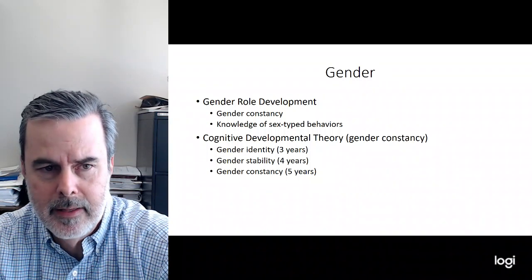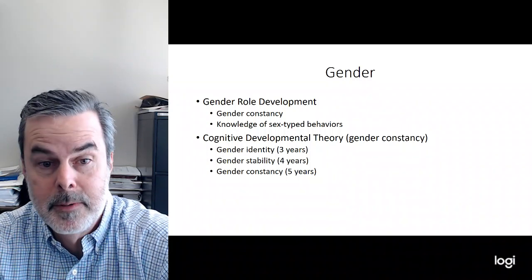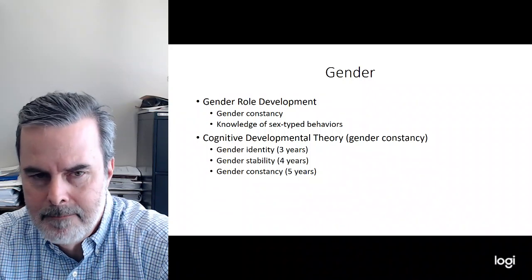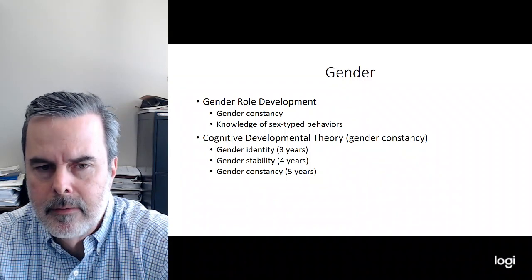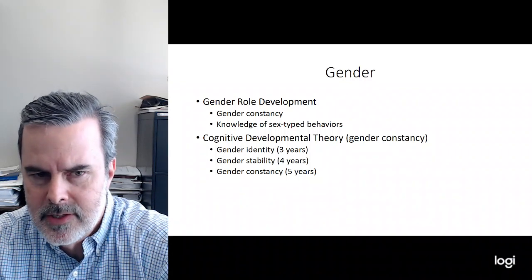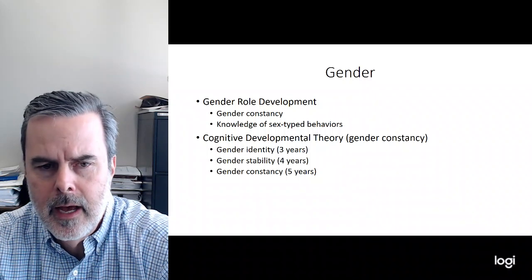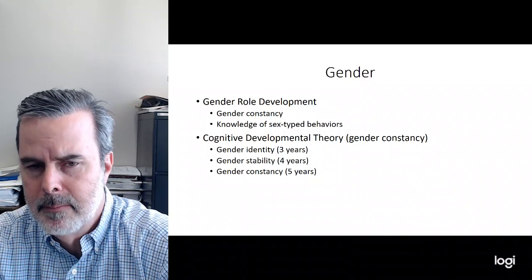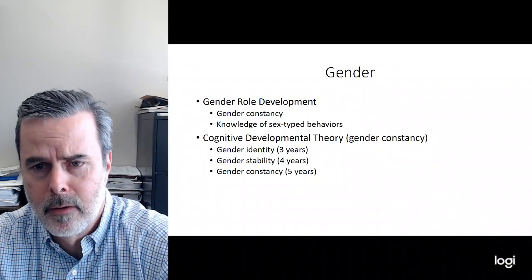That is, they understand effectively that little boys grow up to be men and little girls grow up to be women, which is an advance over the previous stage where individuals in gender identity did not possess this type of understanding, but merely were able to identify themselves as a boy or a girl.